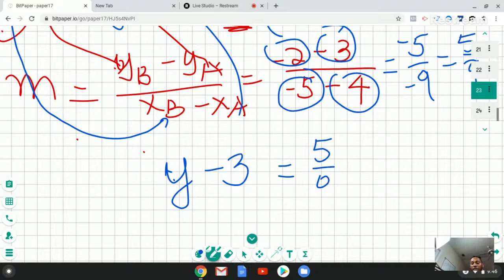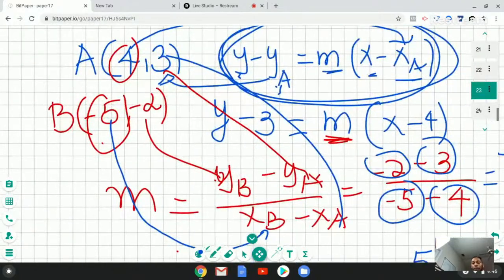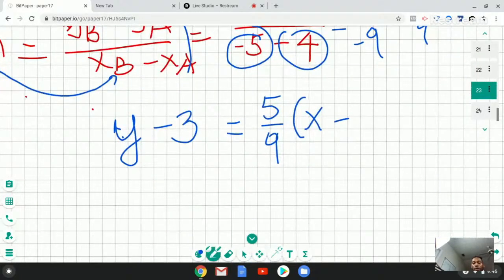And I should have picked better values, I was doing this off the top of my head. Times x minus the x coordinate of the point A. What's the x coordinate of the point A? And we saw it, 4, right? 4.